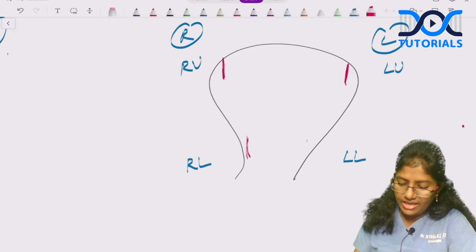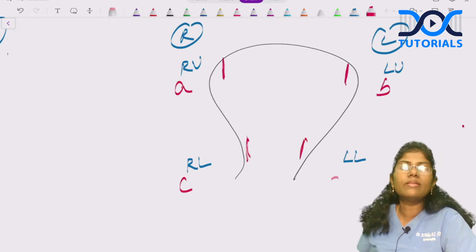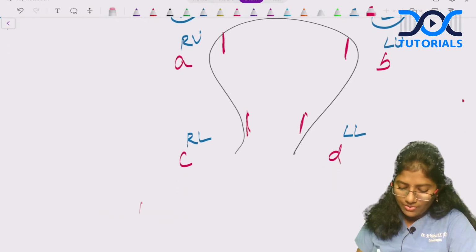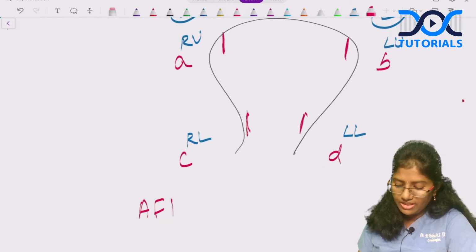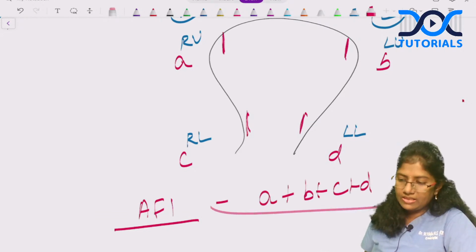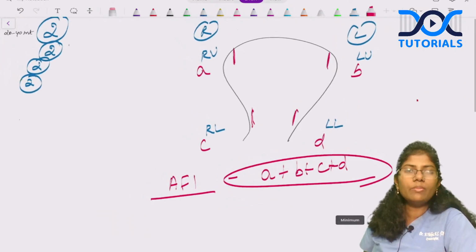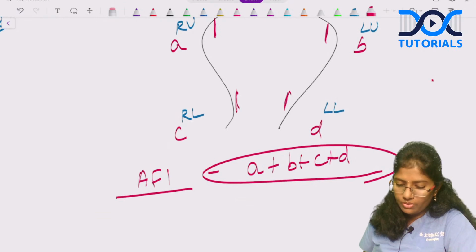Say this is A, B, C and D. How do we calculate the amniotic fluid index? It is obtained by summing up all the 4, so A plus B plus C plus D will give you the amniotic fluid index.